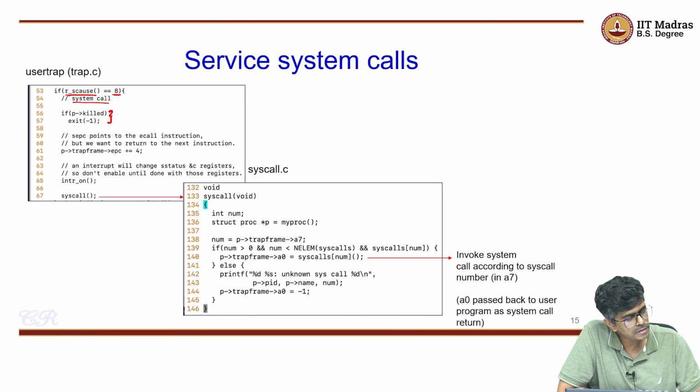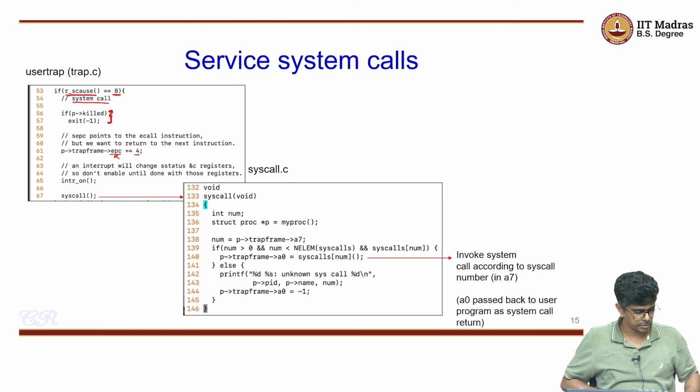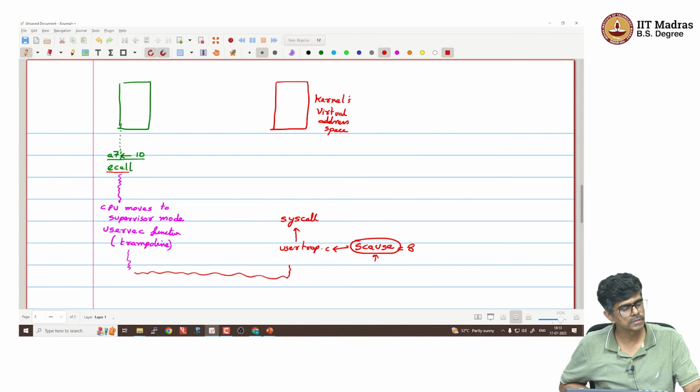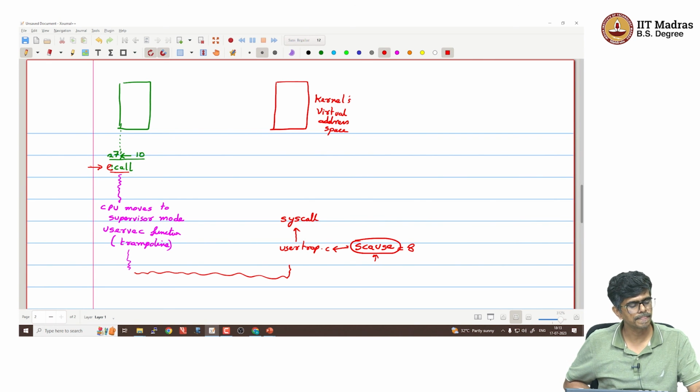Then we increment EPC by 4. Remember, EPC is the exception program counter. So here, your EPC points to the ecall instruction.